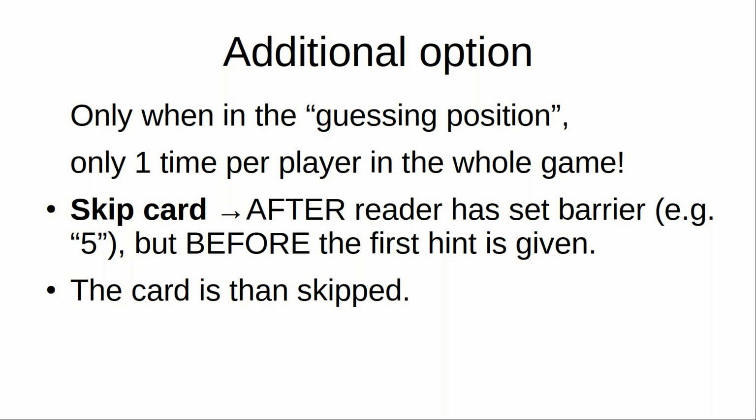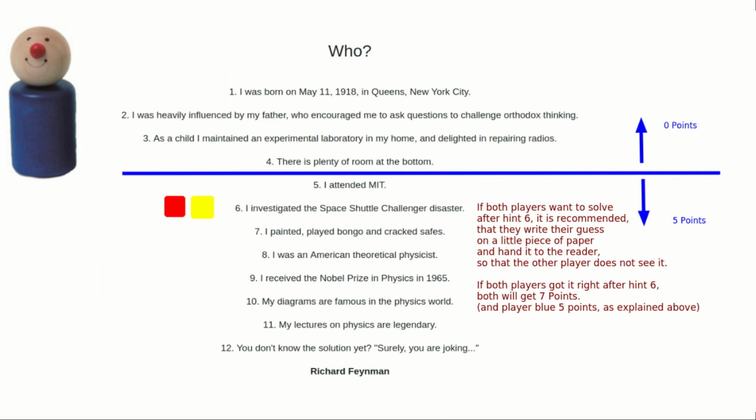But before I present this to you, I want to be clear and say, if both players, red and yellow, want to solve after hint 6, so blue is happy, barrier 5 was reached, but those players say, I want to solve, I want to solve, then it is best practice that they write it on a little piece of paper and hand it hidden to the blue player, and then he will verify both solutions and the card is closed.